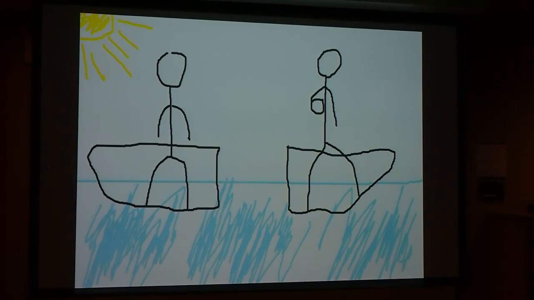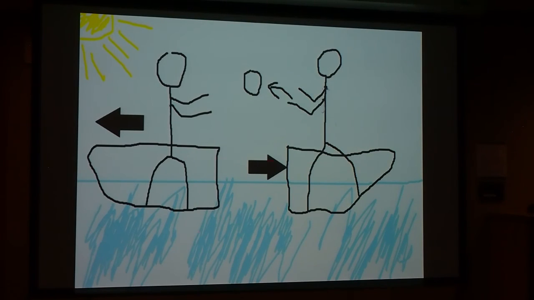So one of the particles that is thought to exist is something known as an exchange particle. And the idea of an exchange particle works like this. If we have two people standing in boats and the water is very calm and there's essentially no friction of the boat on the water, and this guy throws a sandbag at this guy, his boat is going to recoil away from this interaction due to the conservation of momentum, and when this guy catches it, he is going to travel in the same direction that the bag was thrown.